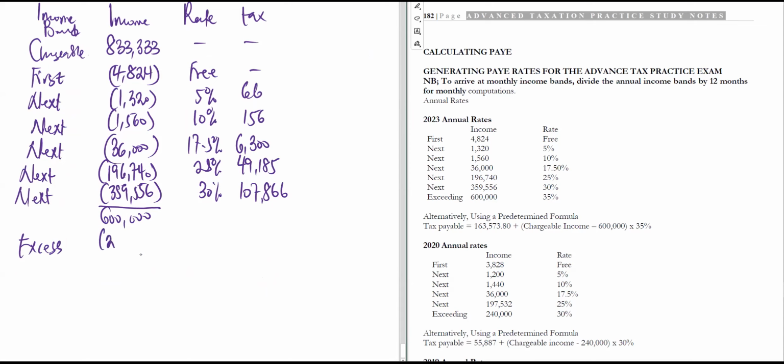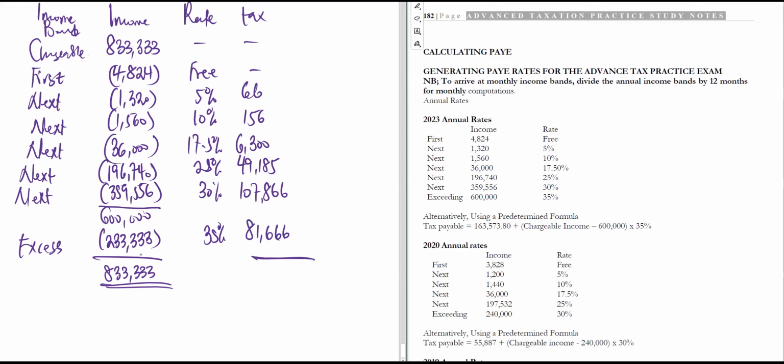Because when I add everything up, it should still give me 833,333. That excess of 233,333 will be taxed at 35%, and that gives us 81,666.